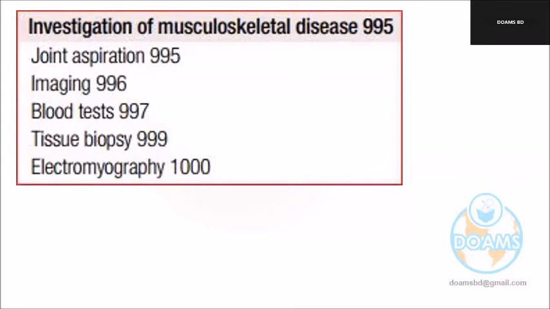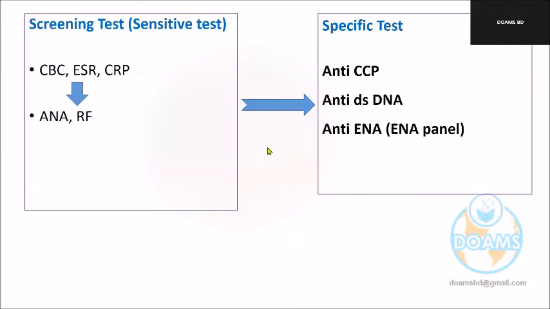But the commonest and first investigation is mainly the blood test, complete blood count, CBC, and the ESR, mainly to differentiate from inflammatory joint disease. Now, this approach was arbitrarily developed by ourselves for my better understanding.